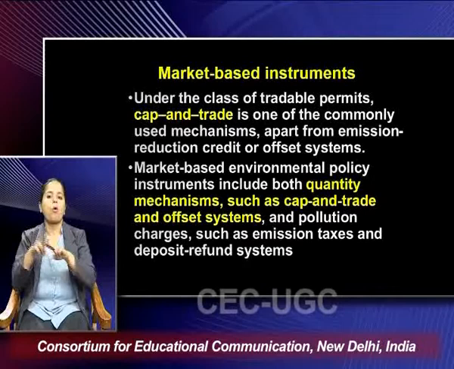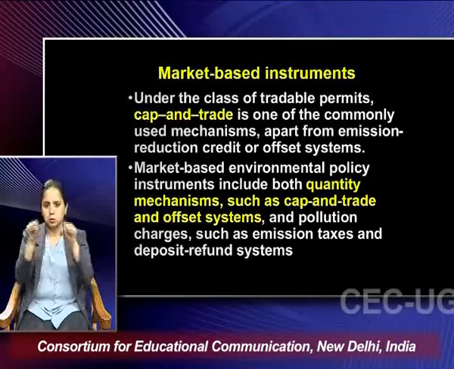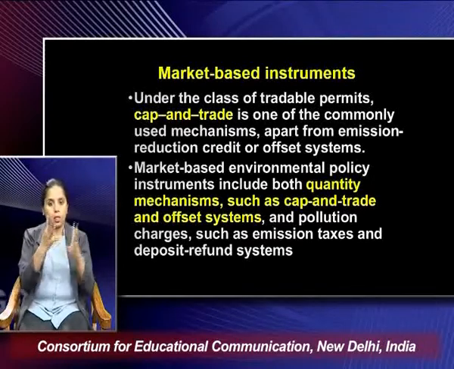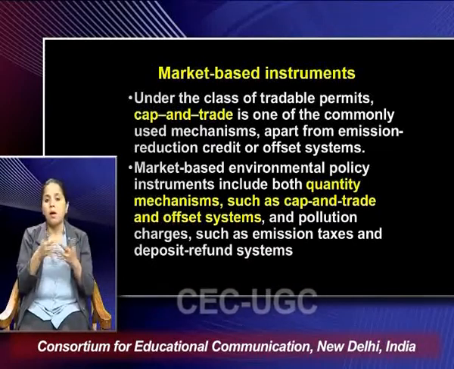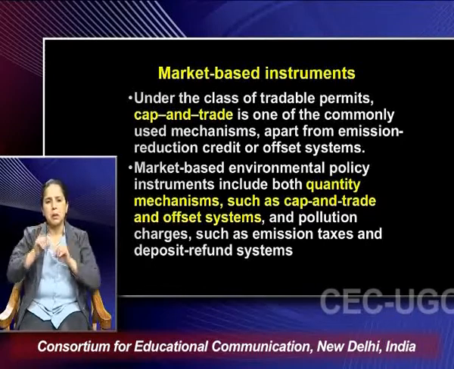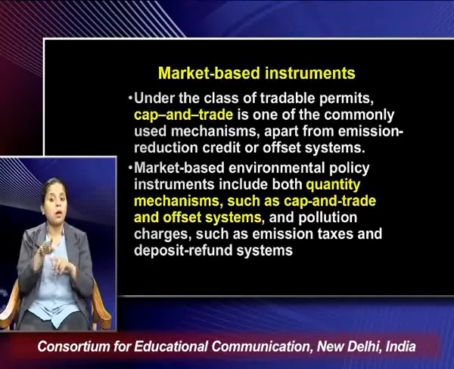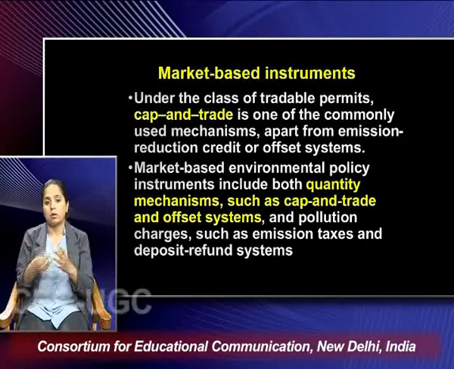Market-based environmental policy instruments include quantity mechanisms such as cap and trade, where you try to reduce the quantity of emission, and offset systems, as well as pollution charges, which are fines or emission taxes, and deposit refund systems. So you earn credit in terms of money if you reduce emissions. There are two ways of doing it: either you reduce the quantity or you earn credits.